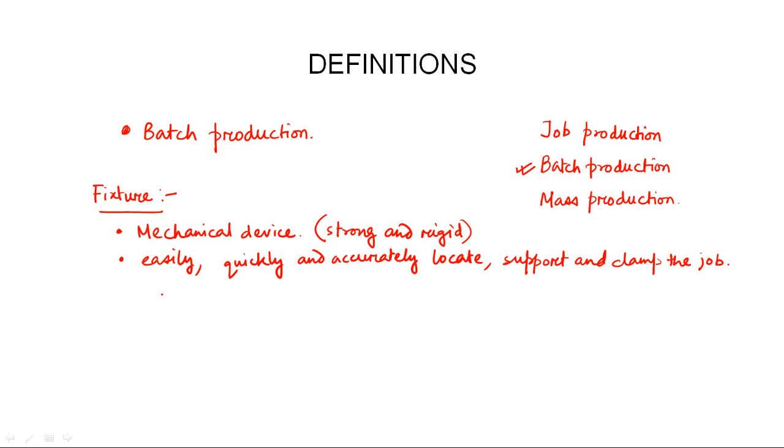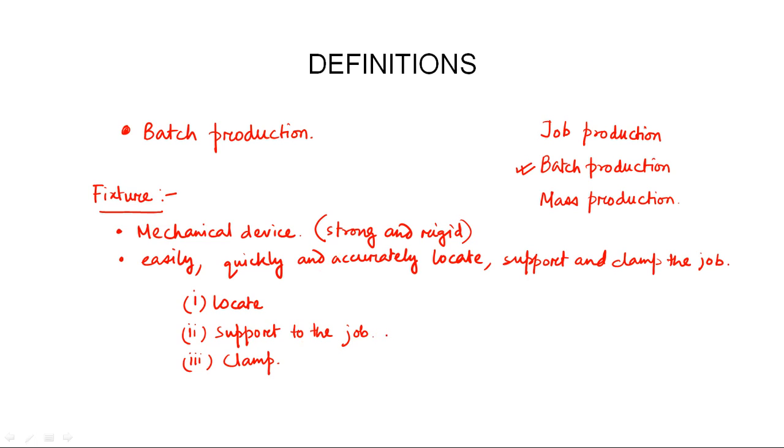So when we design a fixture, we have to perform three things. The first one is locating: at first we need to locate the job, then we need to support the job, and then we have to clamp the job. That means we will need a locating system, a supporting system, and a clamp system in that fixture.